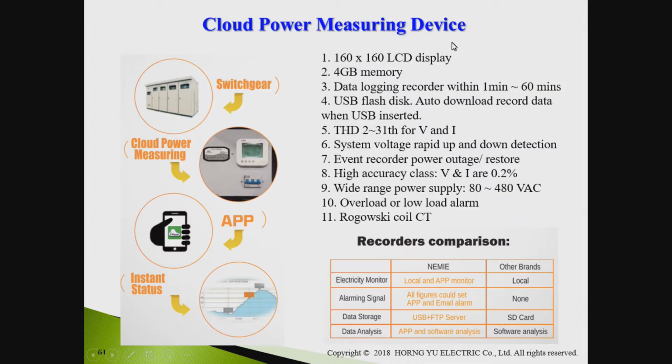And this is a brief introduction to the display and the harmonics the meter can support. It can go up to 31 steps, and the voltage can be 80 to 480. So it is mainly used for low voltage panels.